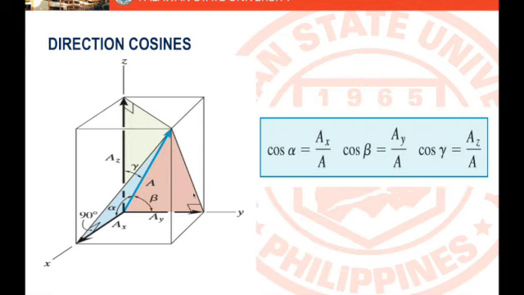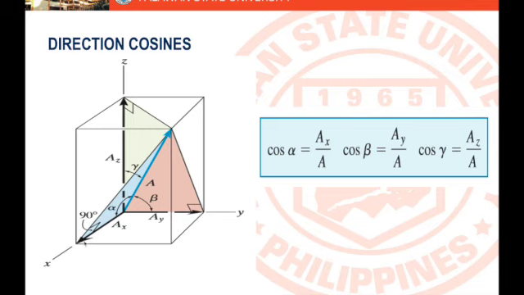So here, to better visualize these direction cosines, please look here in the figure and look how many triangles we generated this time. We have the blue one, we have this orange one, we have the gray one.